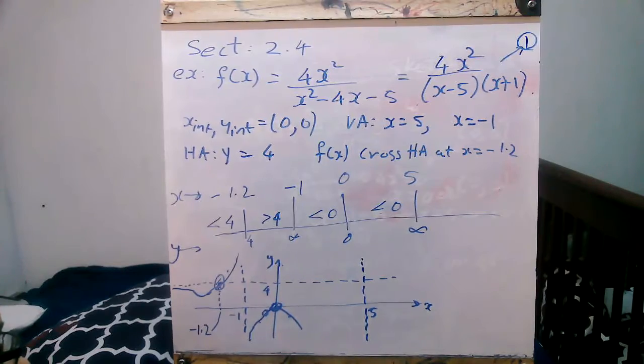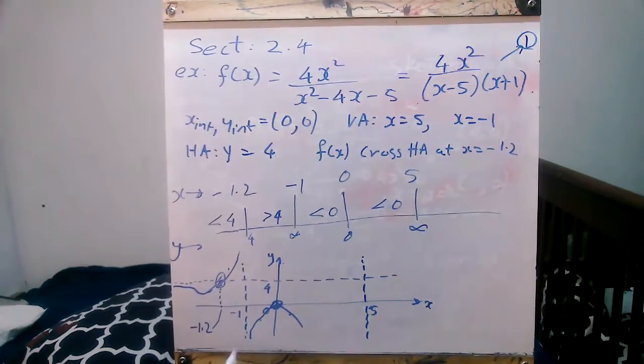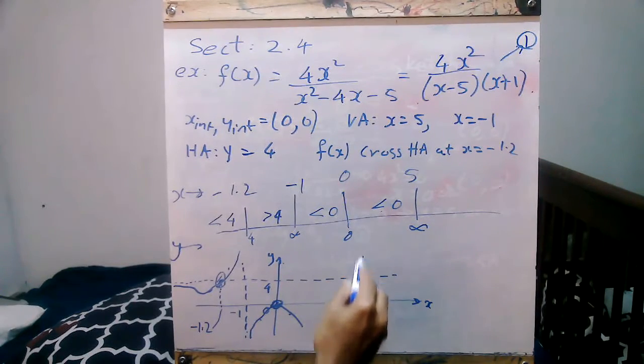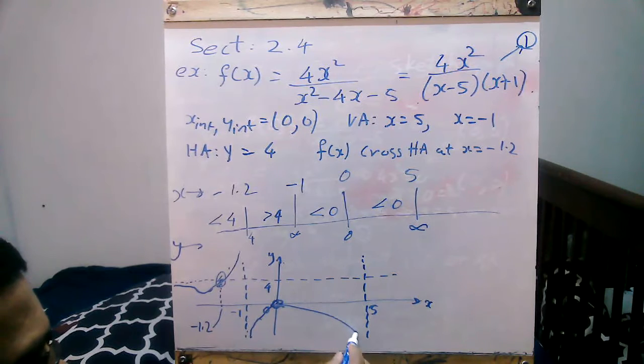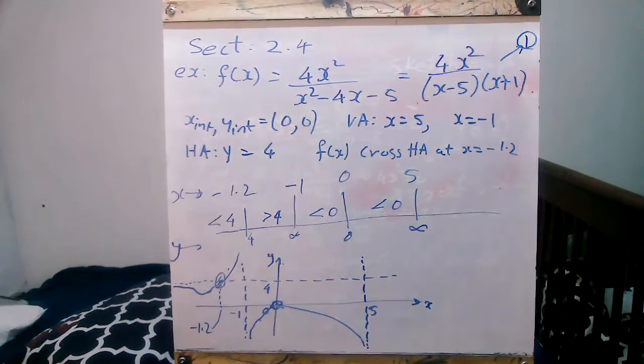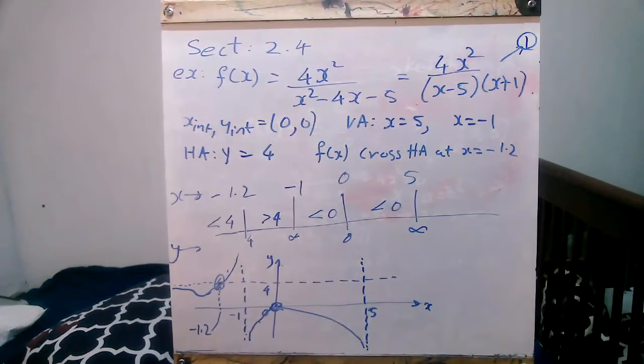This is getting closer and closer to negative 1, and we know x equals 5 is a vertical asymptote, therefore this should go like this. Now how about the right side of 5?